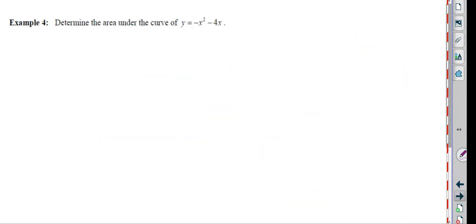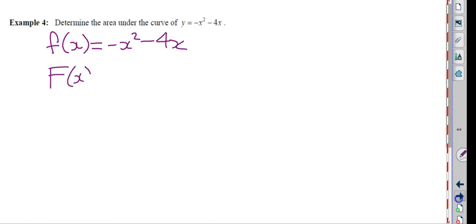Determine the area under the curve. y equals negative x squared minus 4x. Okay. I don't know if we did this one, but you should be able to do this one. So we know we're going to have this, which is going to cause that.